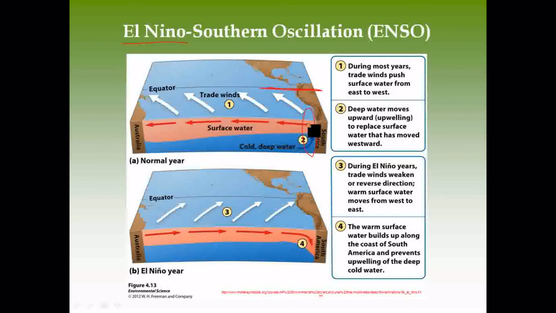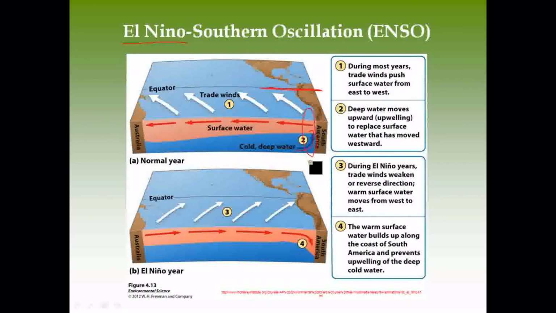This movement of warm water allows for the cold, deeper water to push its way up. That is the upwelling. And this is why some of the best fishing that ever occurs in the world occurs right here in this area of South America.